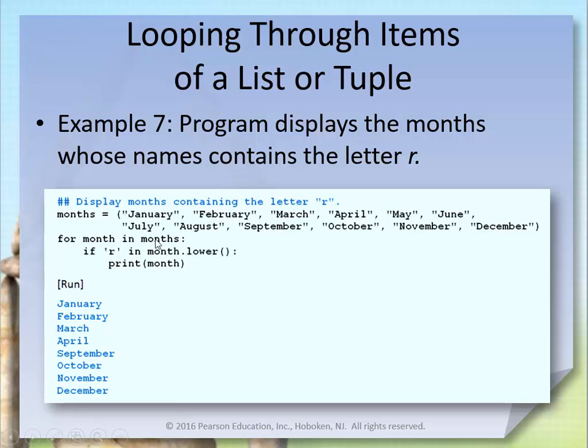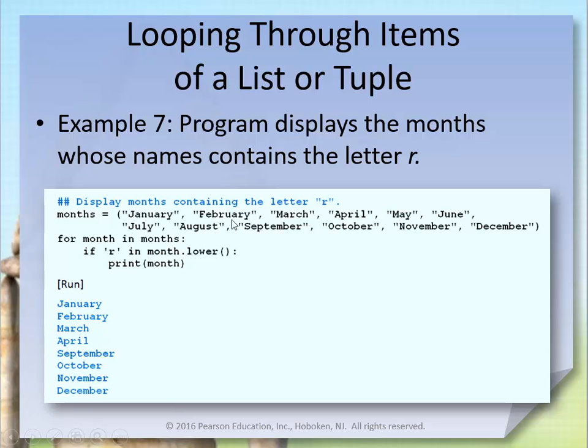It's going to increment. So for each of these months that's in the tuple months, if there is an R in month, and we're using the dot lower to force it to lowercase, then print that month. So it'll simply loop through here for each month in months.